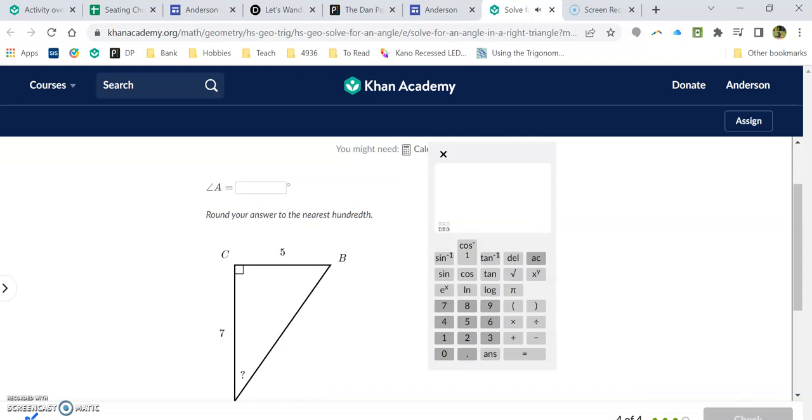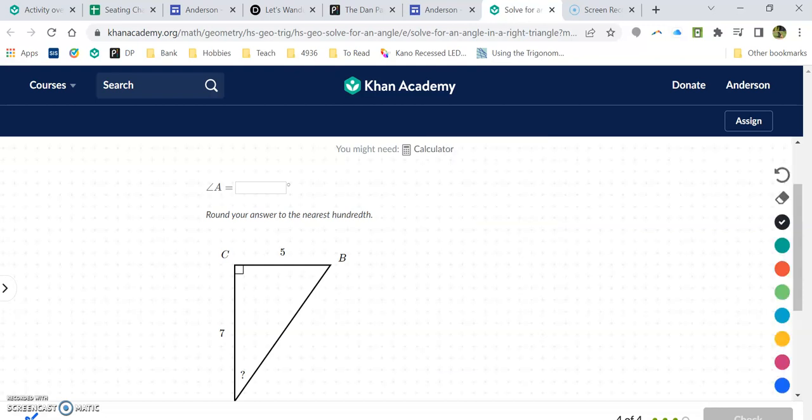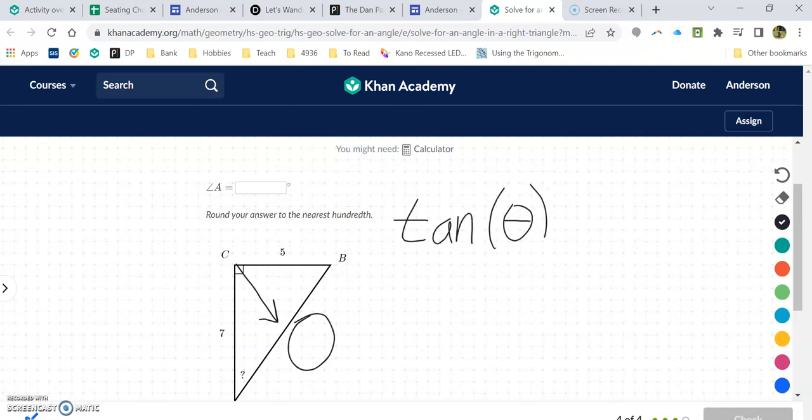Now I'll do one more real quick. So here we don't have a hypotenuse, so we know we're using tangent of theta, and our angle is down here, so it is opposite, which is 5, over our adjacent, which would be 7.